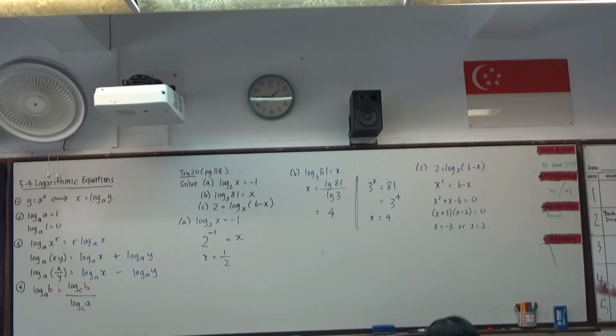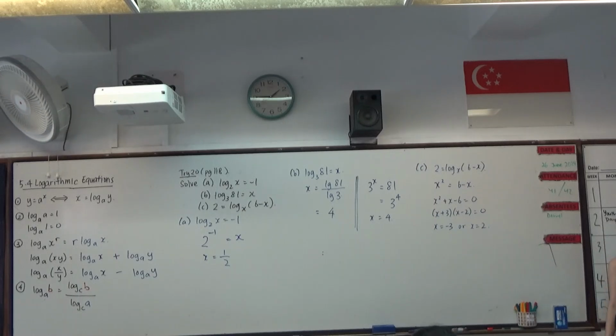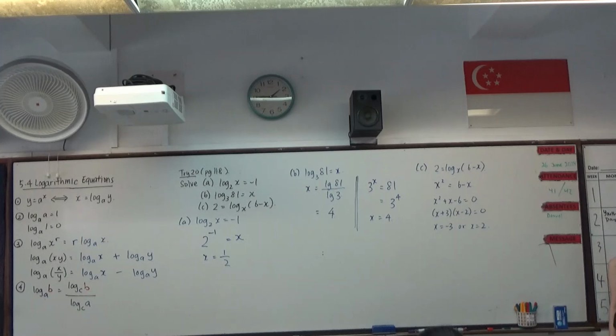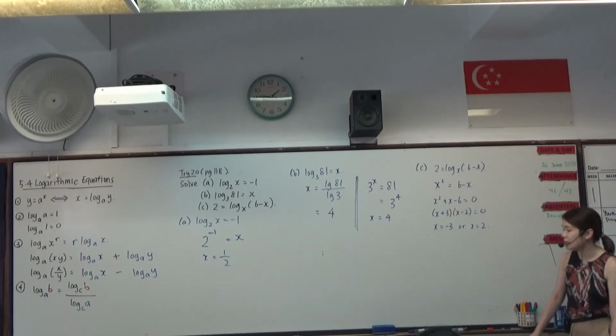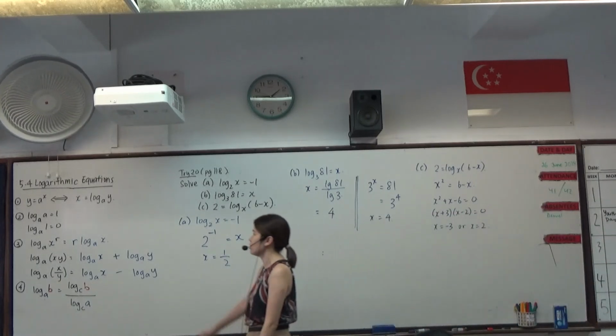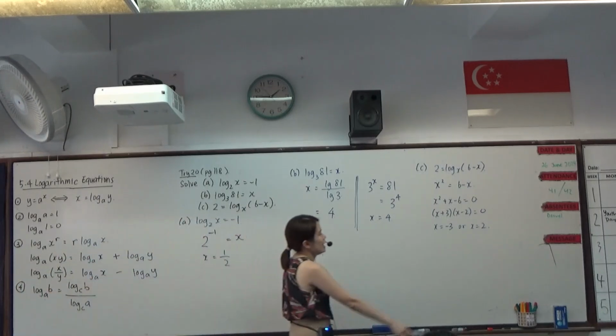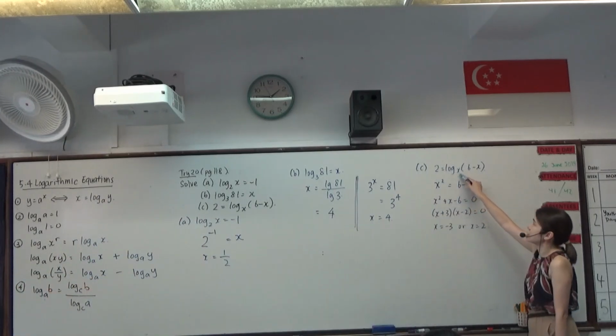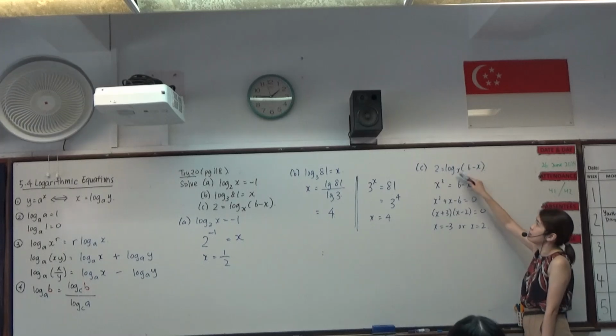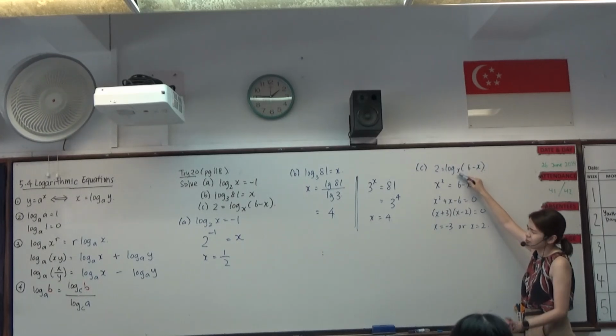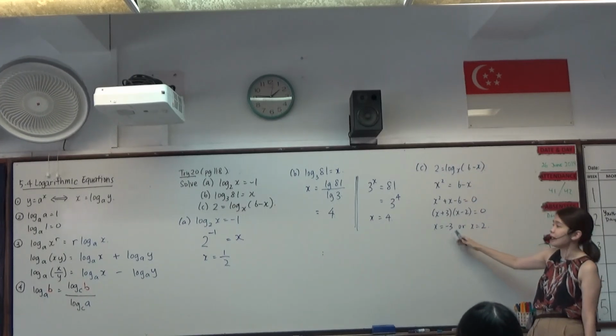Are we contented with this answer? No. Why not? Because remember our definition of logarithm says that your y and your a over here must be positive. So look at where the unknown is. Your x is here, and you also have x over here. With x being the base, it cannot be negative.